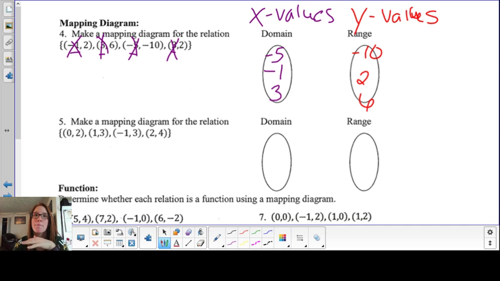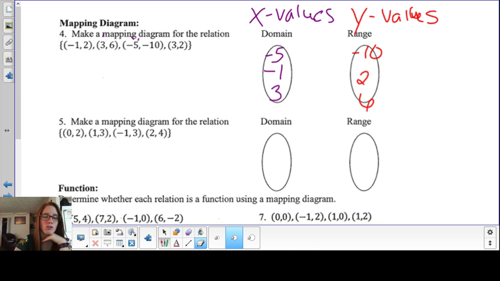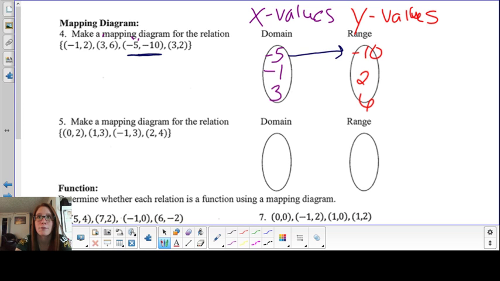When we make a mapping diagram, that means I'm going to take my x values and show which ones go with which y values. So for example, my first point of negative 5 to negative 10, when I plug in negative 5, my answer is negative 10. When I plug in negative 1, my answer is 2.